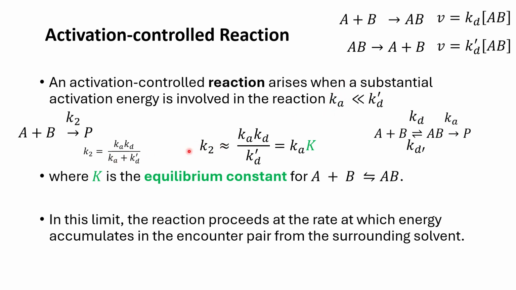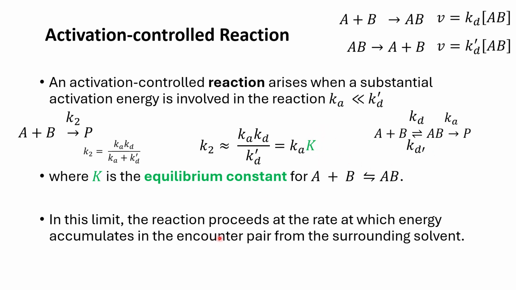If Kd prime is much larger than Ka, then we can neglect the value of Ka in the denominator. So the whole rate of the reaction is approximately Ka multiplied by Kd divided by Kd prime. And Kd divided by Kd prime is actually the equilibrium constant. In other words, the rate of the reaction for activation control reactions is determined by the equilibrium constant.